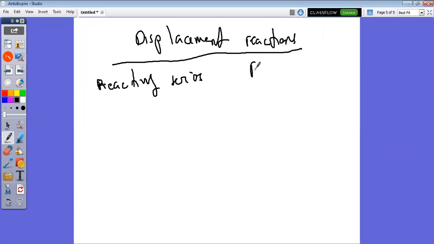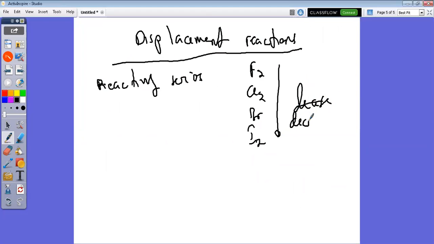We said fluorine, chlorine, bromine, iodine. So reactivity decreases as you go down the group. That affects what is known as displacement. I'll explain it just now.